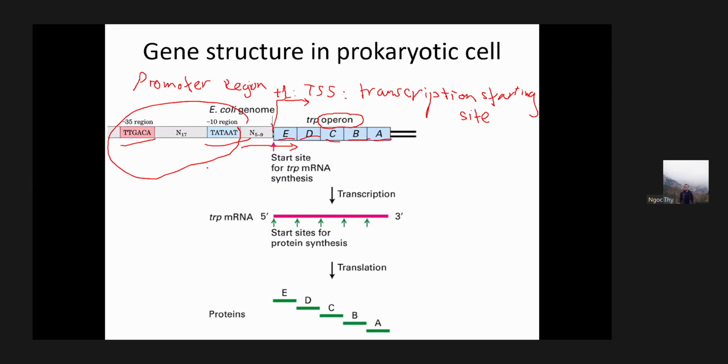Okay, so whenever the operon is activated, the transcription factor binds here, and it will transcribe the whole mRNA, which encodes different units of protein. Okay, so a gene here is defined as the unit for a protein. So here we have different genes organized as an operon.